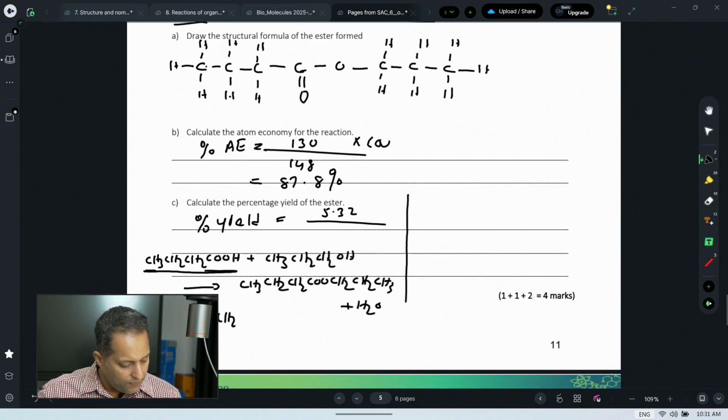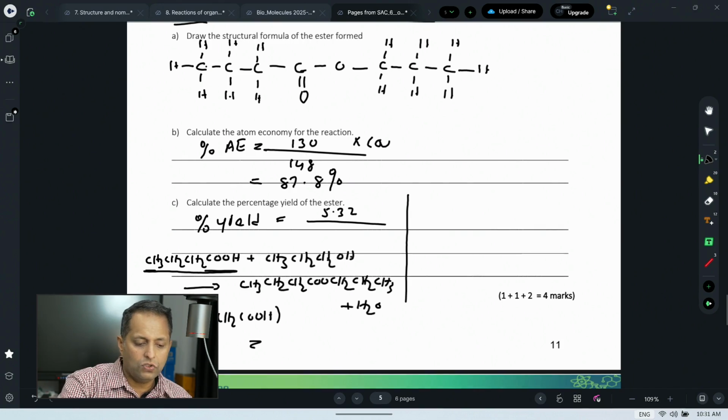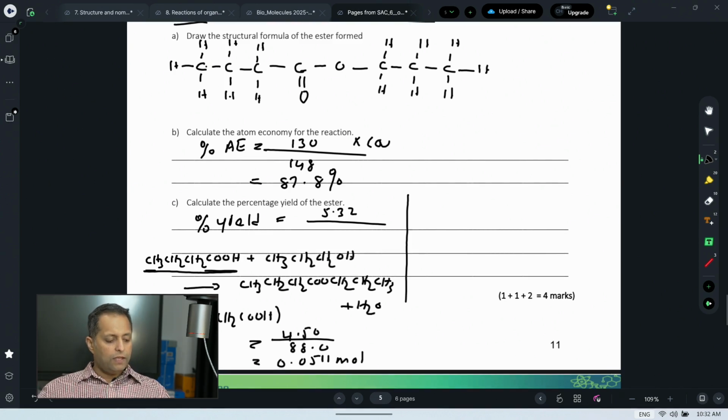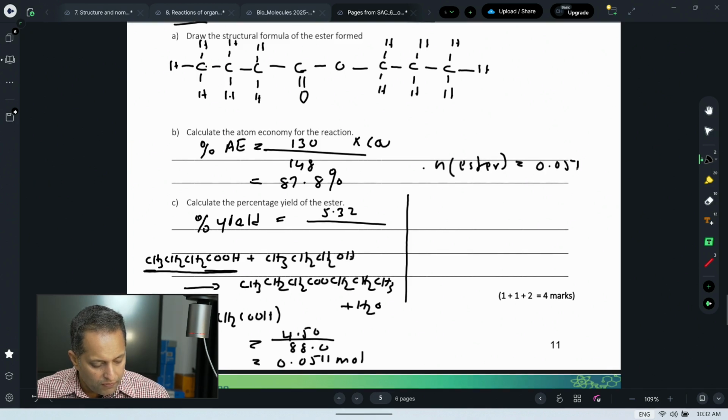Which is going to be equal to 4.50 divided by 88, the molar mass, which is 0.0511 moles. That's the moles of the butanoic acid. Therefore, the number of moles of the ester is going to be the same, as the ratio is 1 to 1: 0.0511 moles.